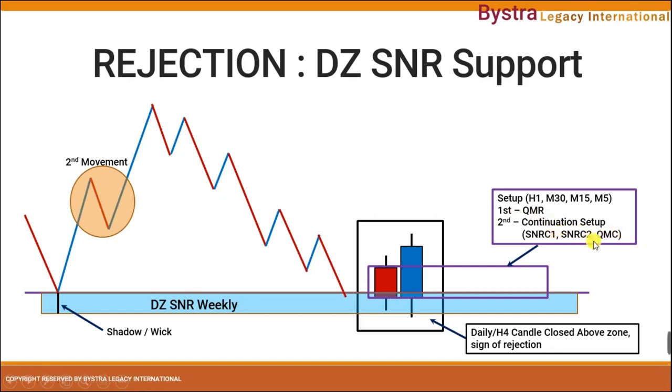So all of these you can look at on the H1 up to the M5. Sometimes when the daily candle rejects as a bullish engulfing, then the setup would also be at the H4 and below. So price comes back to this zone and continues to go upward as a new trend.